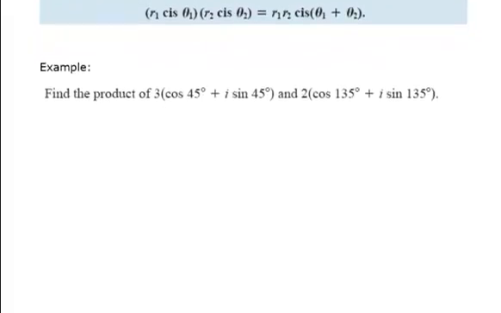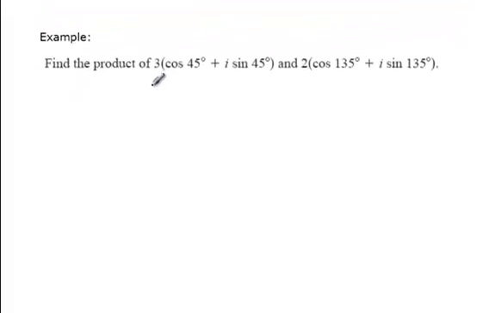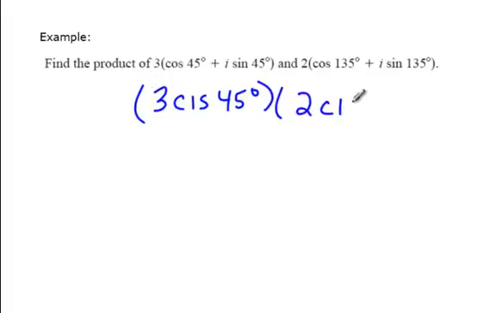So our example says find the product of 3 times the quantity cosine 45 degrees plus i sine 45 degrees and 2 cosine 135 degrees plus i sine 135. Let's write those in shorthand. This would be 3 cis 45, and we want to multiply that times 2 cis 135.